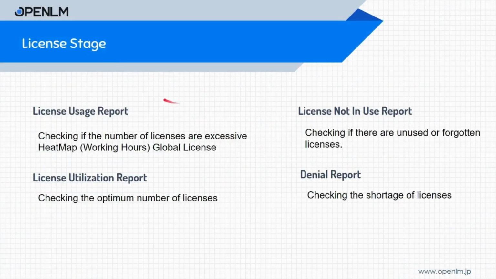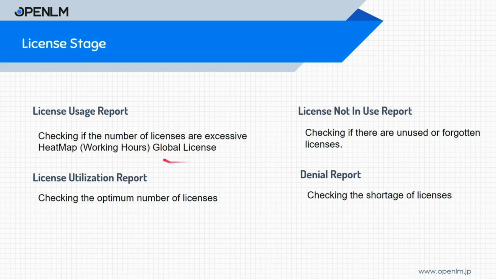So I would like to dive into the license stage in detail. We have got four nice user-friendly reports for better analysis. With the license usage report, you can check if the number of licenses is excessive, and there is the heat map, working hours, and the global license.